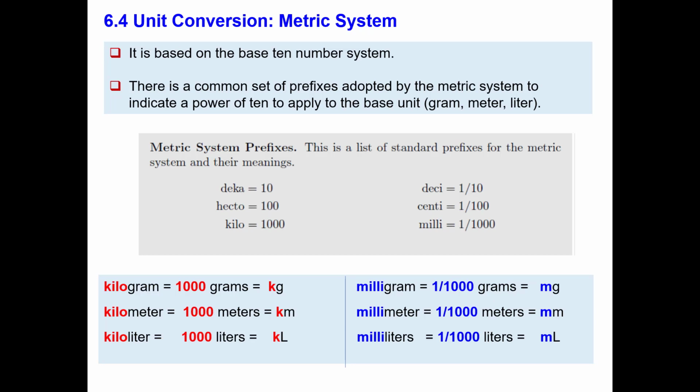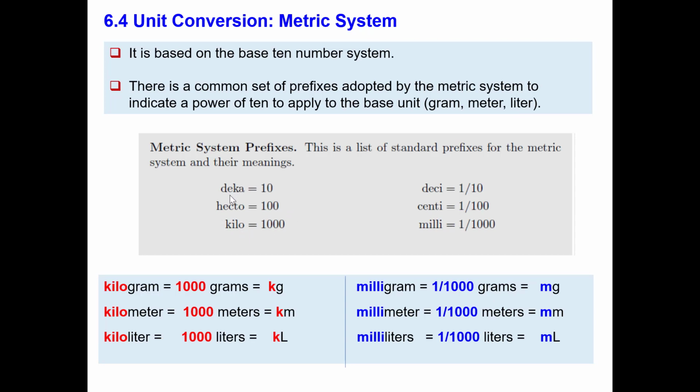These prefixes indicate a power of 10, and we can apply them to any base unit. The base units in our case will be grams for mass, meters for length, and liters for volume. These prefixes indicate some power of 10.